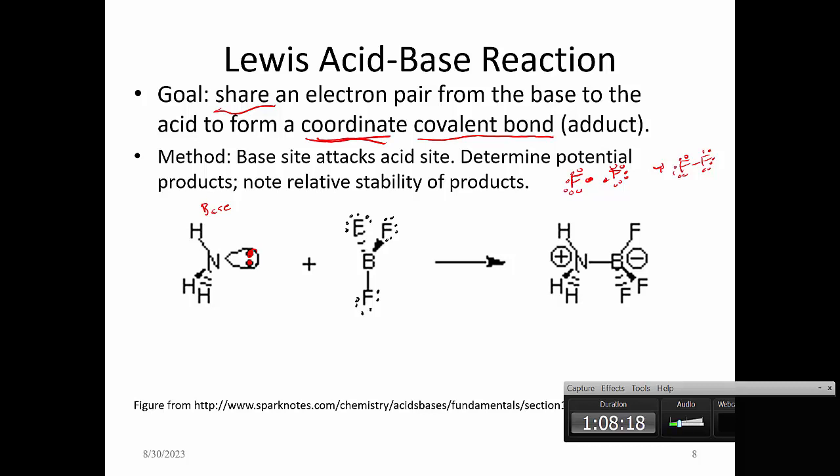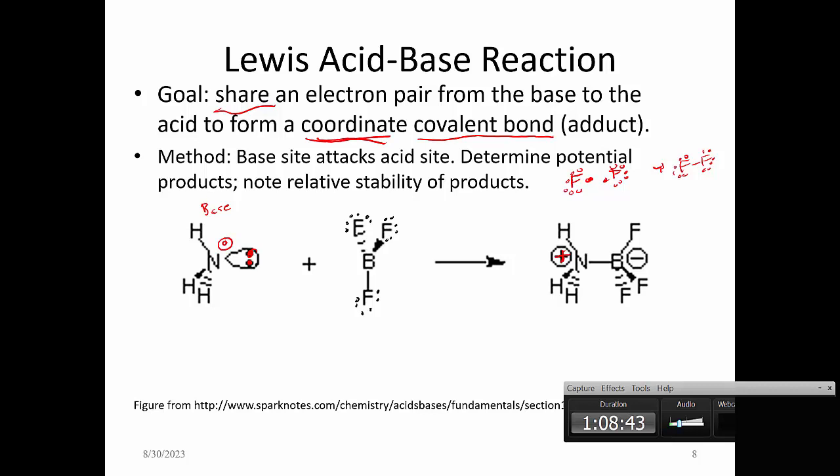If nitrogen donates both electrons, then it's donating an electron to boron in this case. If nitrogen donates one of its electrons to boron, then it ends up with a positive charge over here. It's donated 1 electron. Over here, the formal charge on nitrogen is 0.